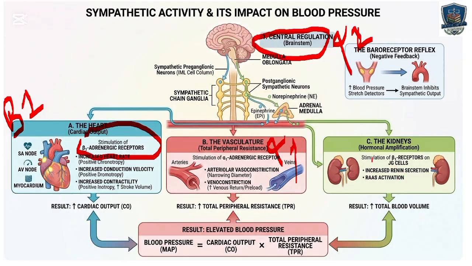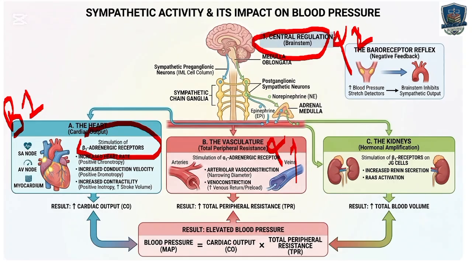This tends to lead to increased renin secretion, and the increased renin secretion will lead to RAS activation, the renin, angiotensin, aldosterone system activation. Down here, we've got a formula of the blood pressure, which equals the cardiac output multiplied by the total peripheral resistance. By understanding this diagram, you're understanding where we find these adrenergic receptors and the response of these adrenergic receptors when it comes to blood pressure.